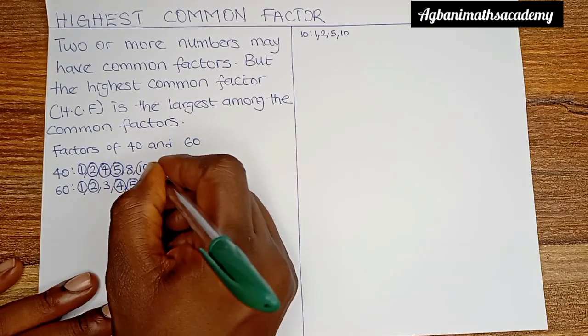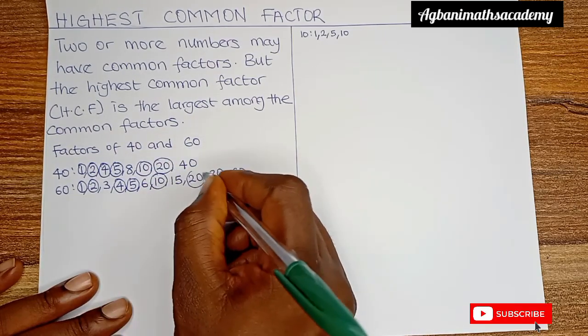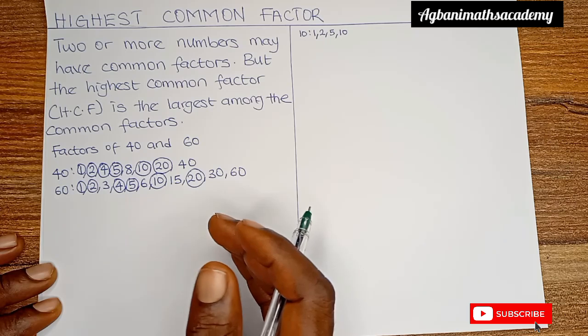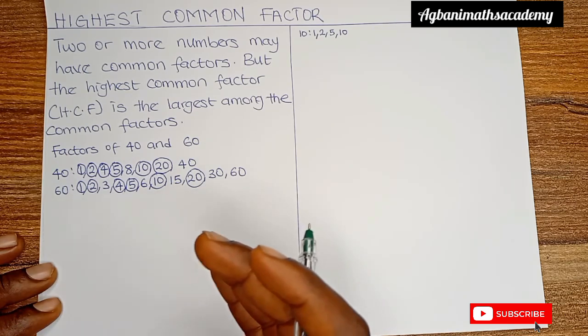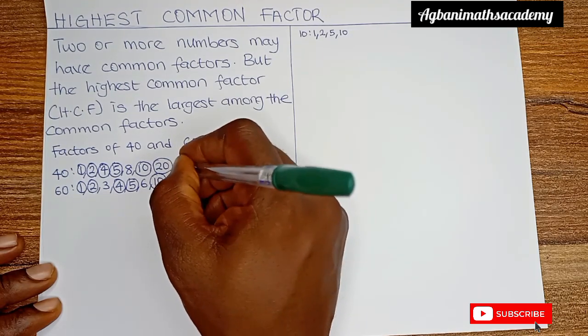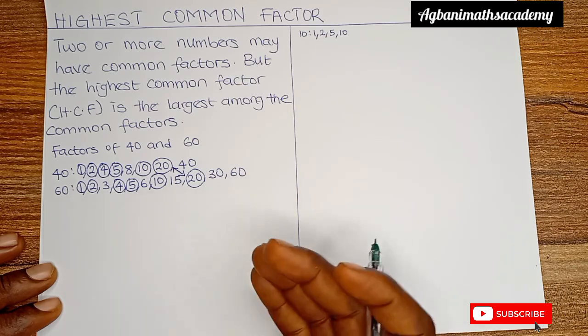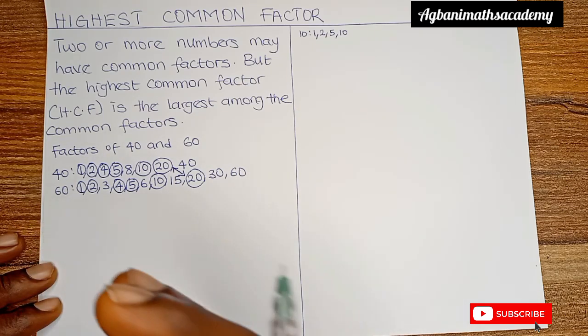What else? 10 is here. We have 10 here. 20 is here and 20 is here. All these are common factors of 40 and 60. But the highest among them is 20. So 20 is the highest common factor of 60 and 40.